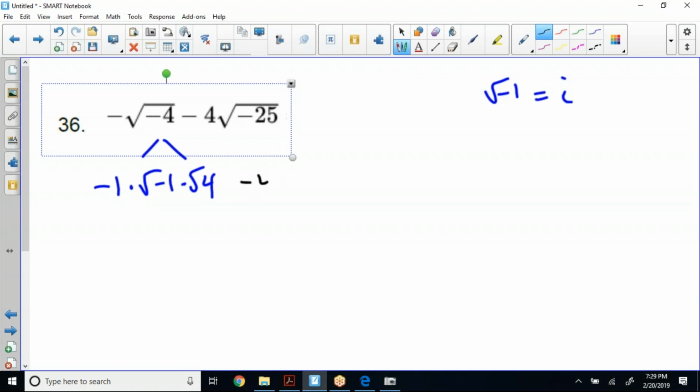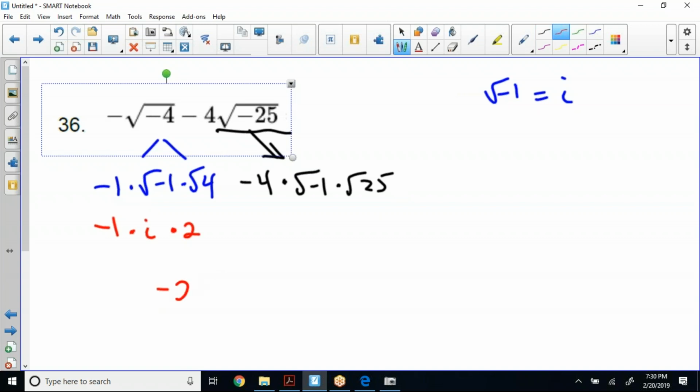And I've got -4 times the square root of -1, times the square root of 25. Guys, -1 times i times 2 gives me -2i.